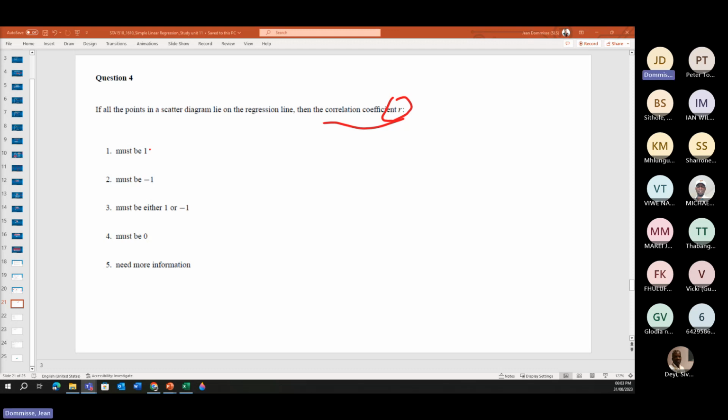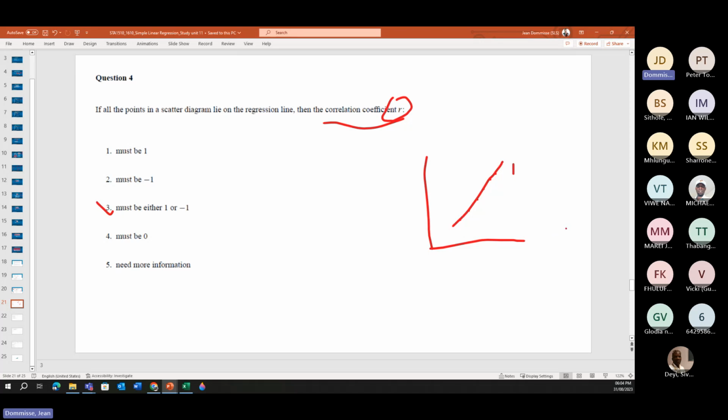Okay, cool. We've got one of our answers as 3. Any other takers for this one? Okay, so 3 is correct. As we said in the previous slide, when it is on that line, it is a perfect correlation, so it will be 1.